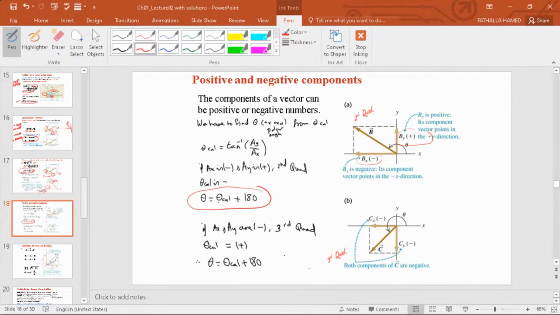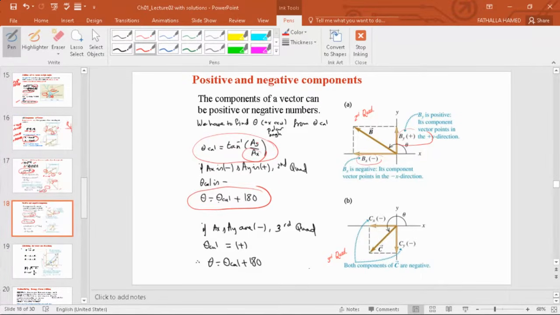So if you use the definition of theta equal to tan inverse of AY over AX, use that definition and put the AX as it is, whether in the first, second, third quadrant, whatever it is. Keep the minus sign if there is a minus sign, for the AY and the same thing for the AX. You will get a calculated value for theta. Now from these components, you will know where you are. If you are in the first quadrant, X and Y are positive, you don't do anything.